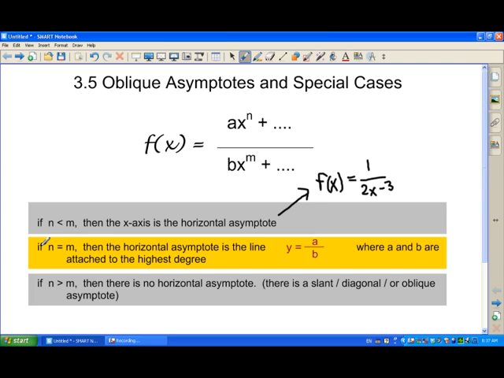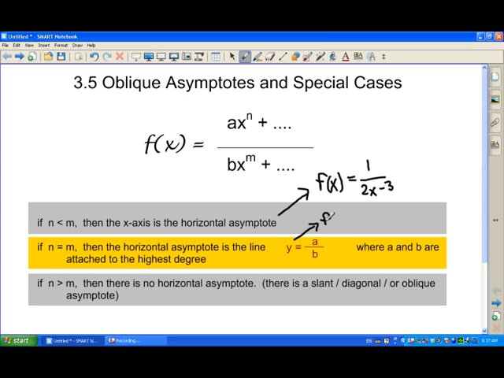The video that you watched over the weekend, we were looking at functions where the degree on top is equal to the degree on the bottom. And then we're going to see that the horizontal asymptote is the line y equals a over b, where a and b are the coefficients of the highest degree terms.